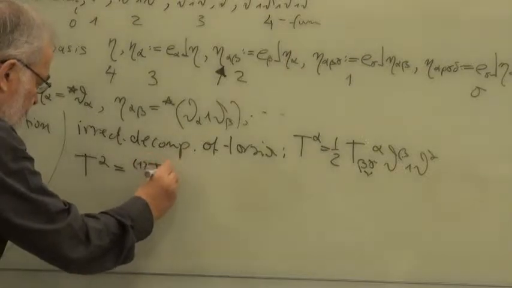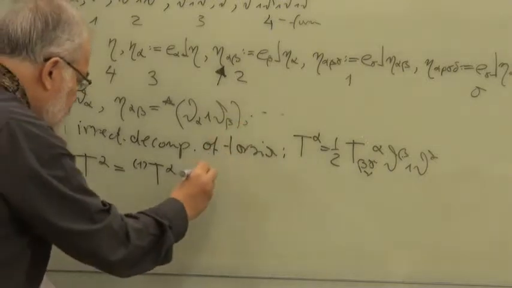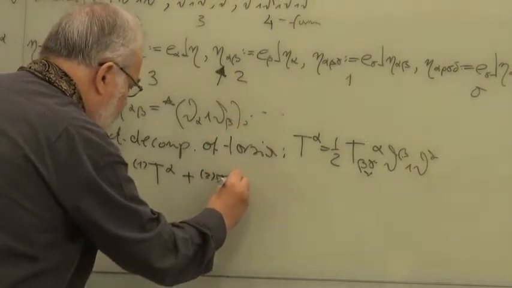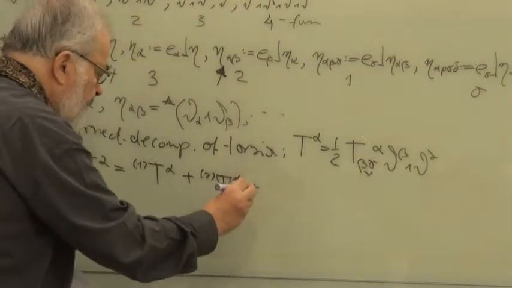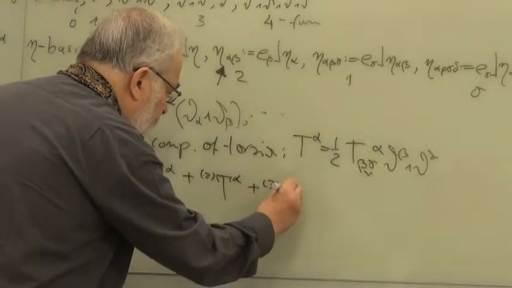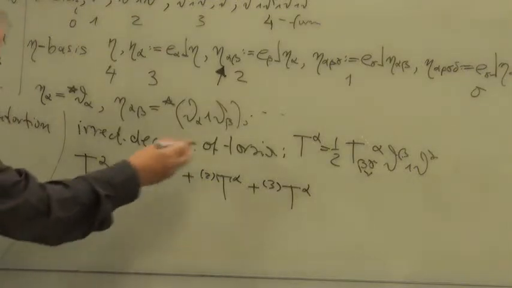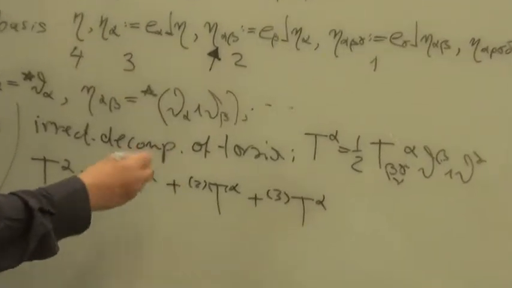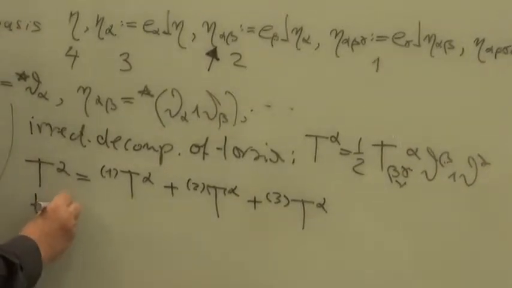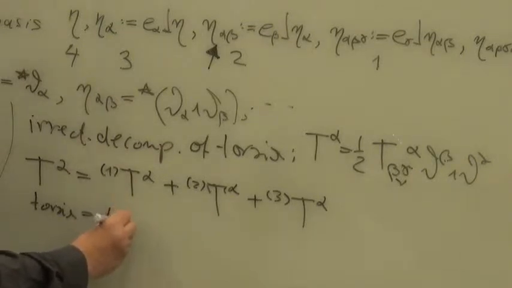So T^α can be decomposed into 3 pieces: the tensor piece, (1)T^α, plus the trace piece, (2)T^α, plus the totally anti-symmetric piece, (3)T^α. Because we have computer programs which do these decompositions for us, we give these computer names. This we call the tensor piece, tentor.